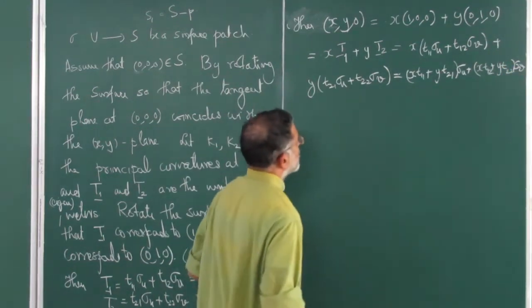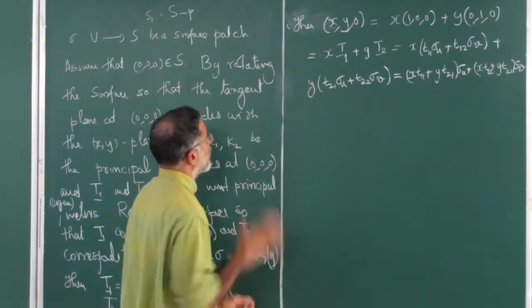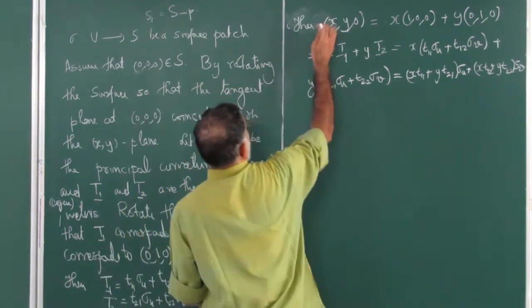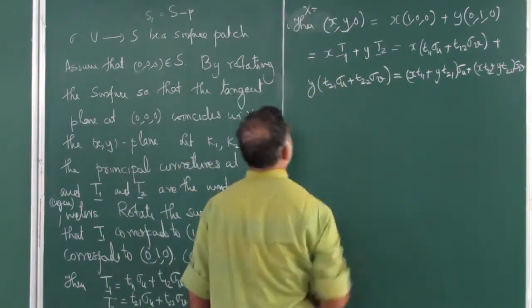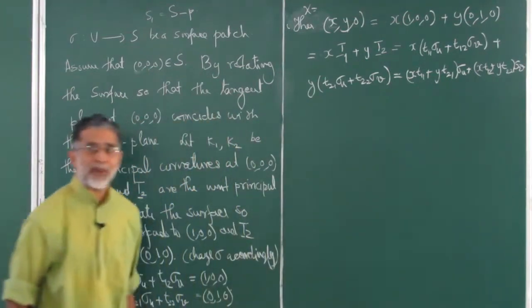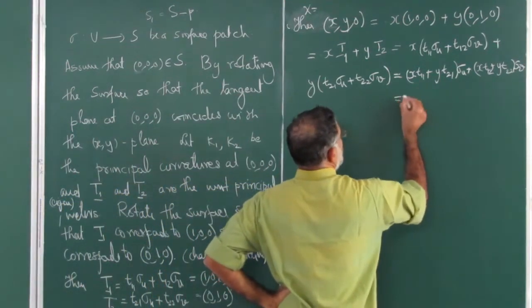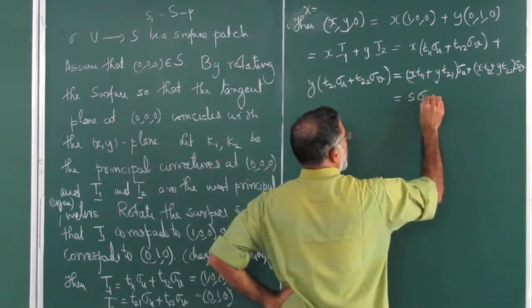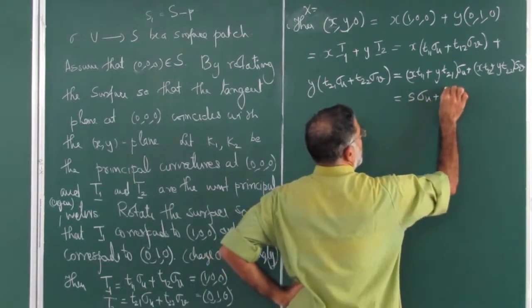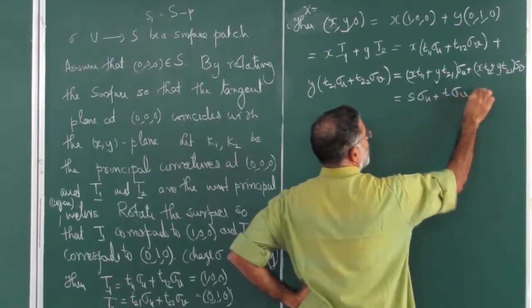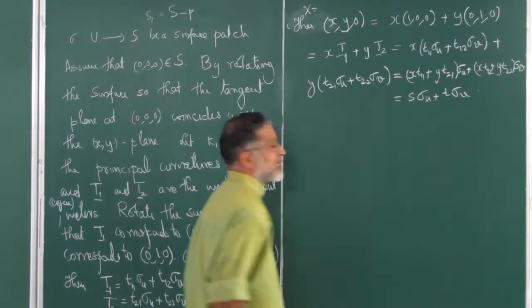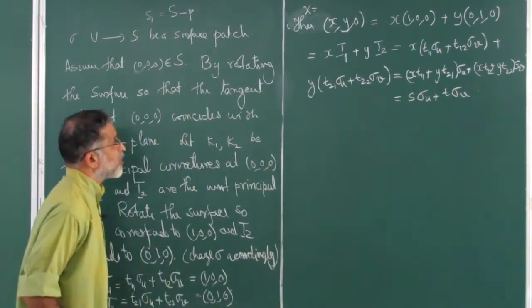Okay, so that is what we have got. Okay, so this is your vector x. So very neatly we have written any arbitrary vector on the xy plane. Now we can write like this, and this I am going to write it as s sigma u plus t sigma v, another notation.